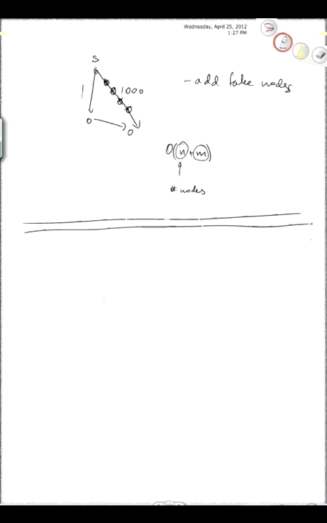Let's move on to some of the new material for today, which is this idea of totally unimodular constraint matrices. So let's recall the shortest path LP. The shortest path LP looks something like this.